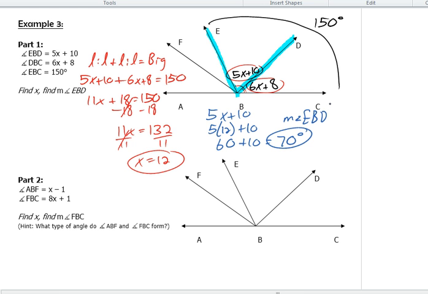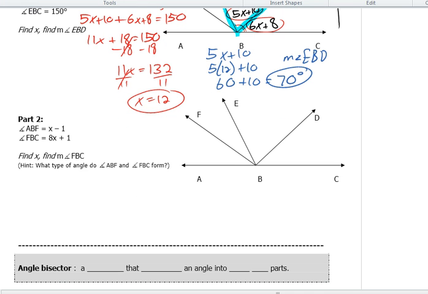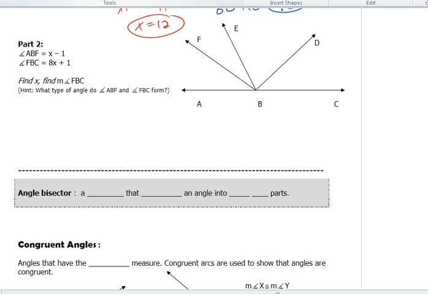If you want, go ahead, try part 2, see what you can do. There's a little hint there to help you out. See if you can solve it. If you can, good. If you can't, keep watching. I'll solve it with you. If you can, go ahead and see if you come back and get your correct answer. So, label it differently this time.